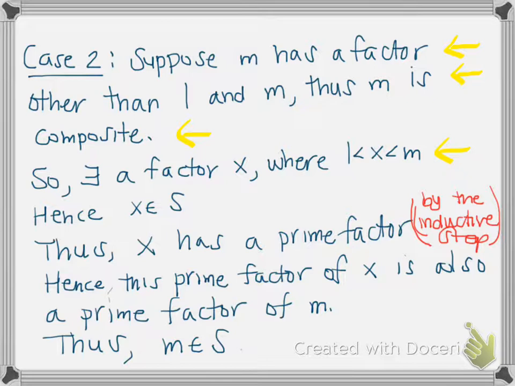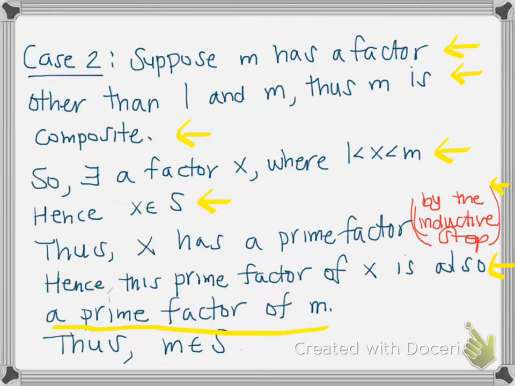Hence, x belongs to S. Thus, x has a prime factor, and this is by the inductive step. You can go back and look at our inductive step to make sure that makes sense. And so, hence, this prime factor of x is also a prime factor of m.